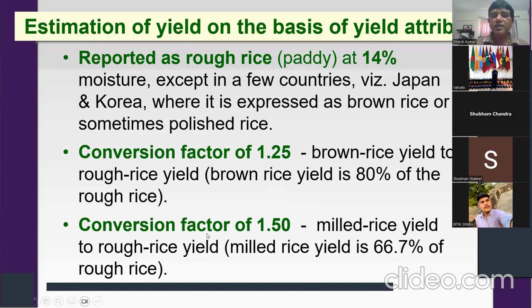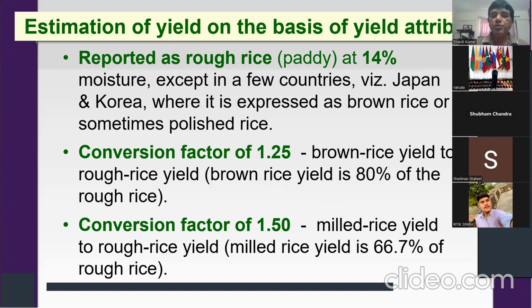Now, you can remember this conversion factor. From brown rice, I told you when you do hulling, you remove the external appendages of the rice seed. Whatever is left inside is your brown rice, which is a true caryopsis. If you want to convert brown rice yield to rough rice, you multiply brown rice by 1.25.